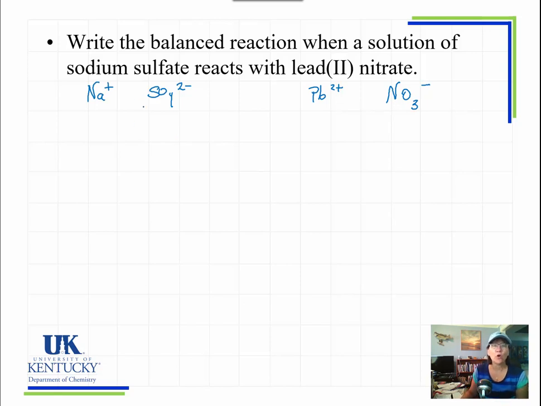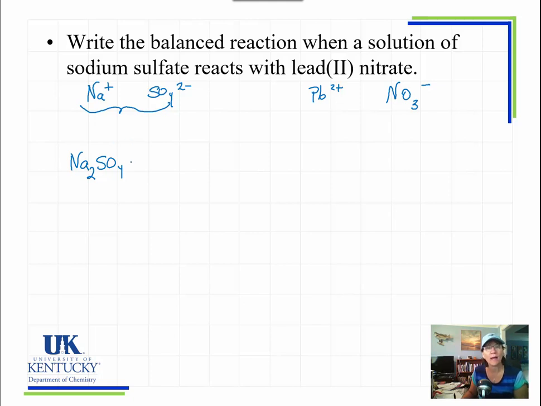Now we're ready to write good formulas for these. To write a good formula, you have to make sure that you have as many positive charges as you have negative charges, because these compounds are always neutral. So you're going to have 2 of the sodiums with 1 of the sulfates. That will give you 2 positives and 2 negatives.